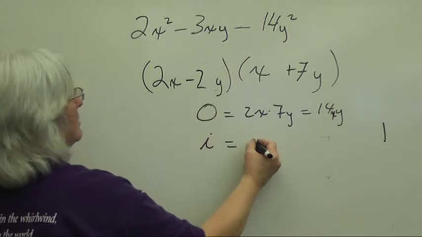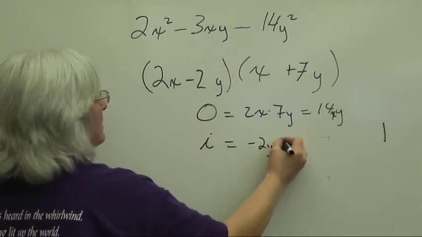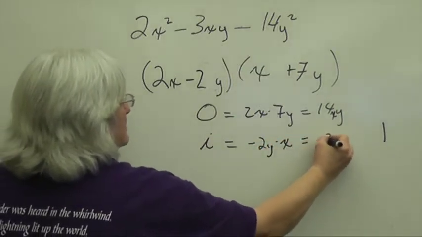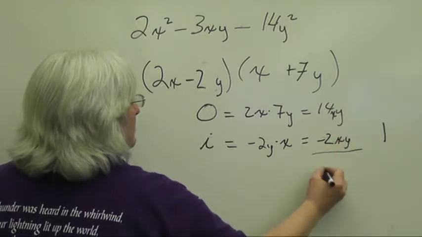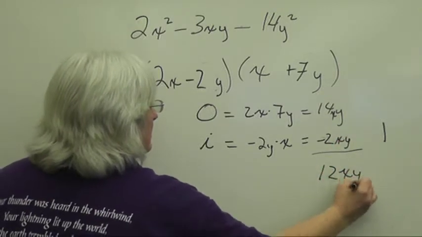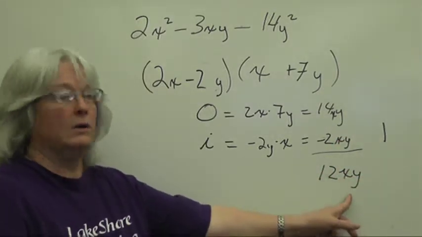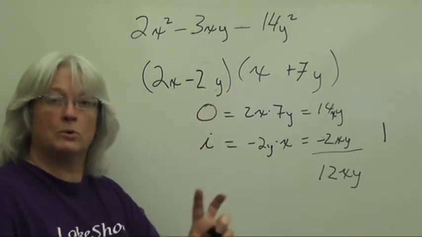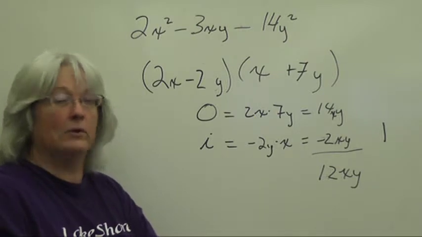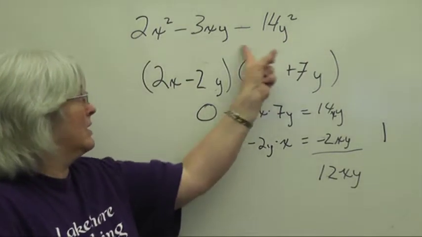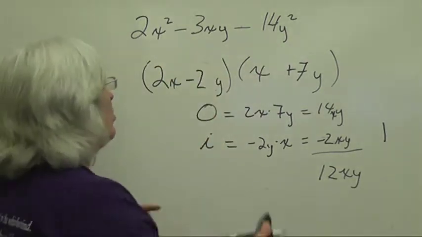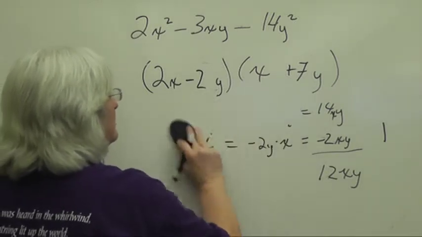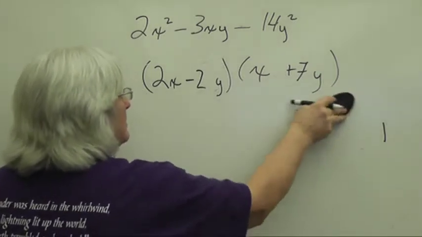Our inner product, negative 2y times x, is negative 2xy, which sums to the 12xy, which verifies for us that even though there are 4 possible combinations of binomial factors that we can come up with here, only one of those arrangements yields the correct answer.